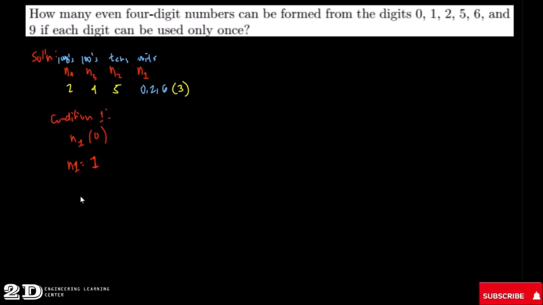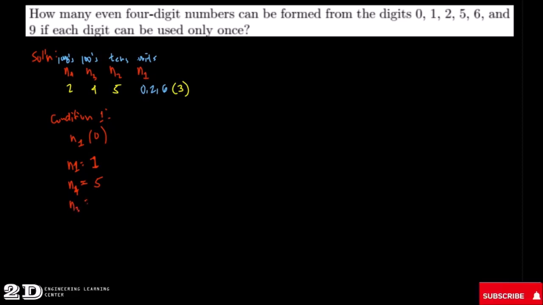Then we will go to N2. Sorry for that, it's not N2 but N4. So for N4, we will first consider the thousands, because the thousands place is the most critical. So for N4, we have already got the 0 from N1, so we have here 5.